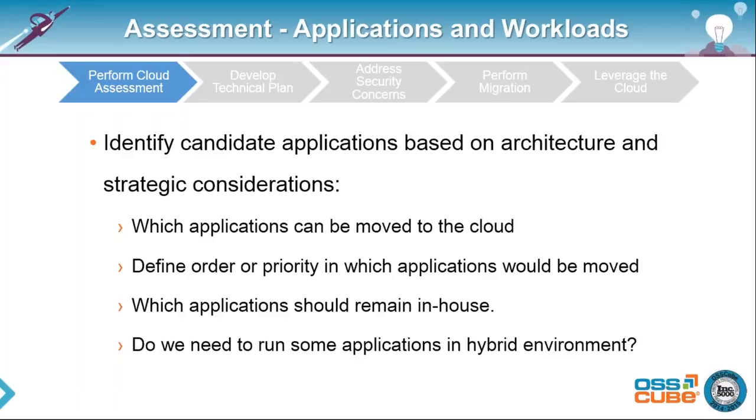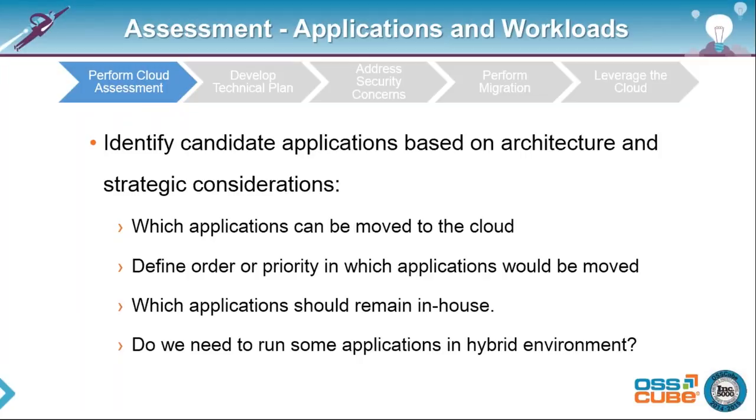Similarly, if there is an application that needs very high coherence, it cannot have latency issues. There should be very fast interaction between the systems that may not be available in the cloud. So you may consider keeping such an application or a part of it that needs more closely knit systems on the premise. So the first step is to identify which applications can be moved to the cloud, and also in what order they should be moved.